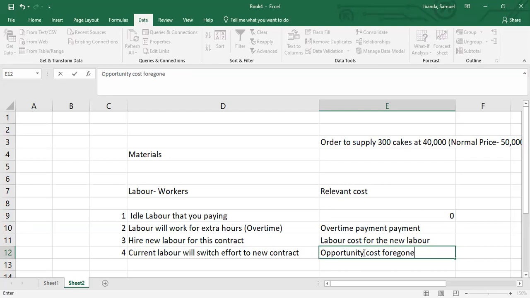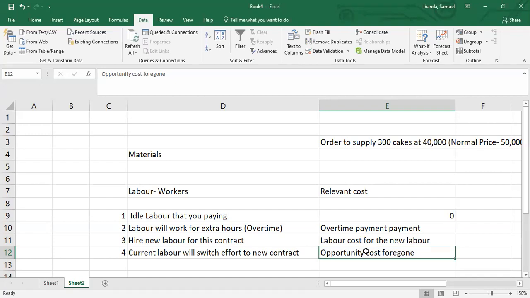Are we together? Now, if this labor was going to produce, let's say, bread for a business like this, we shall look at how much we would have been able to get in terms of production of bread from this labor. And that will be our relevant cost for this specific contract.